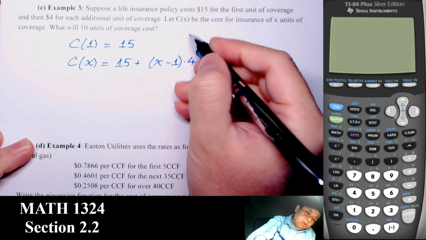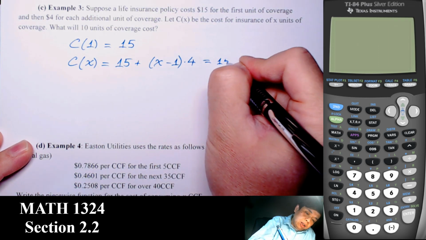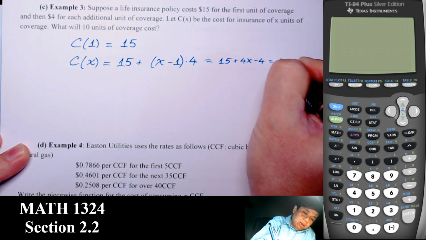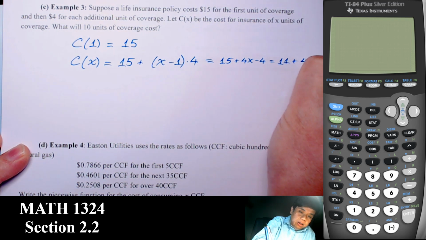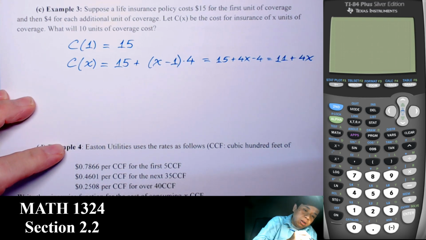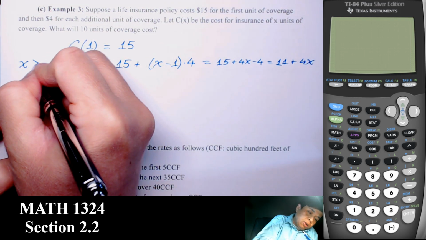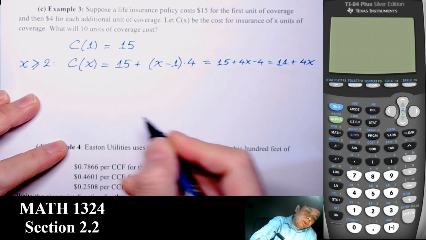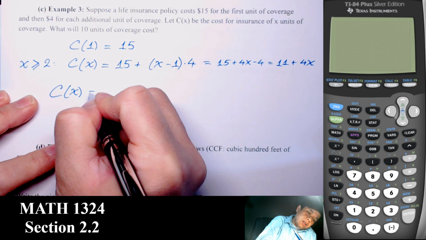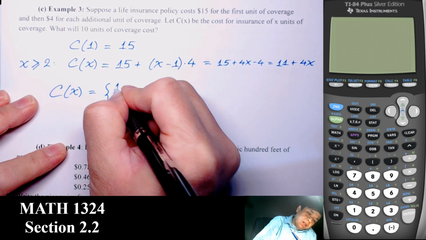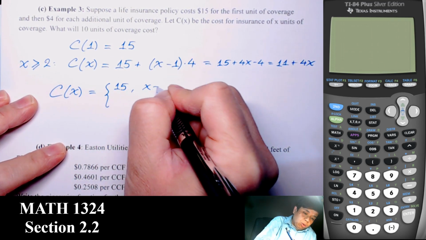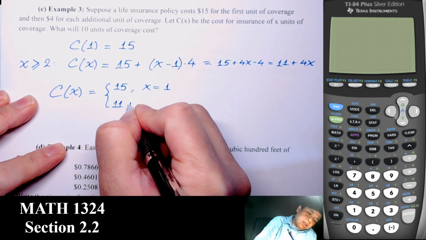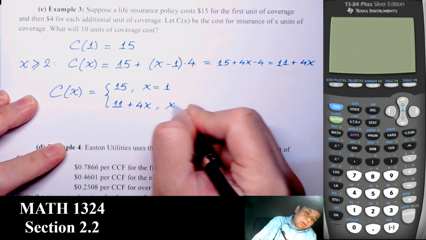So put them together, we have 15 plus 4x minus 4, so 11 plus 4x. This is for x greater than or equal to 2. So we have the piecewise function as 15 when x equals 1, and everything else we have 11 plus 4x when x is greater than or equal to 2.